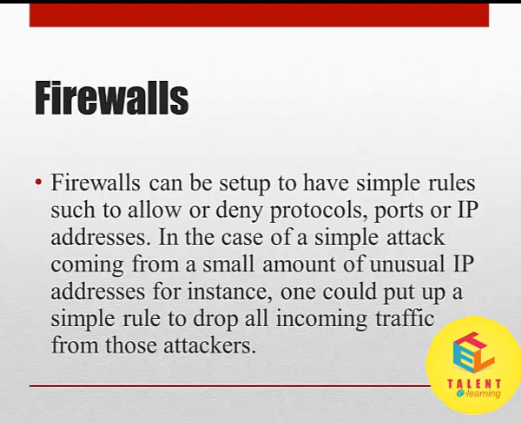In the case of a simple attack coming from a small number of unusual IPs, for instance, one could put up a simple rule to drop all the incoming traffic from those sources. This means you can simply set up your firewall and stop the attack.